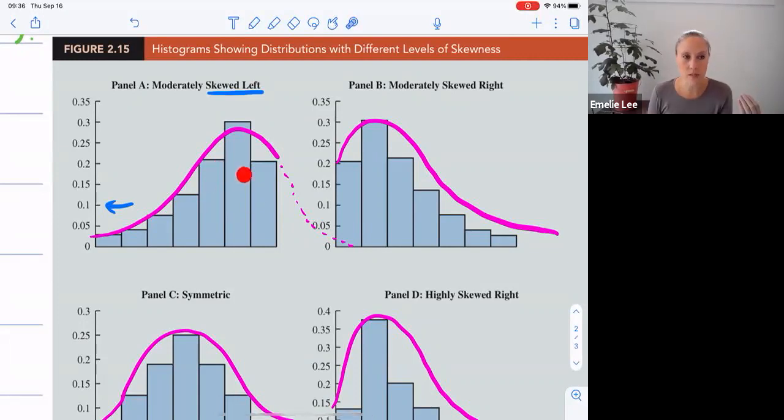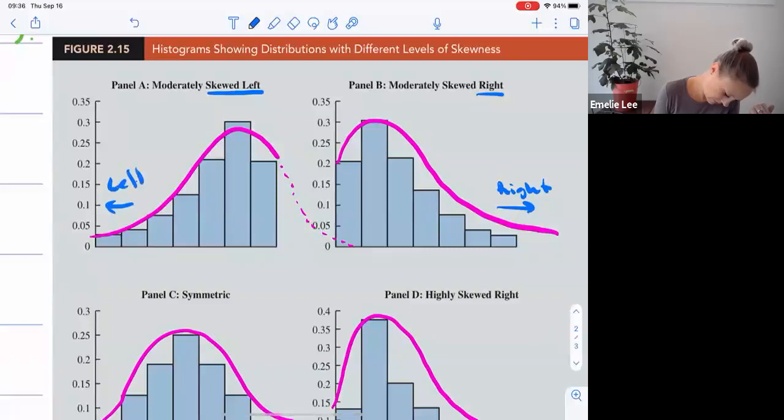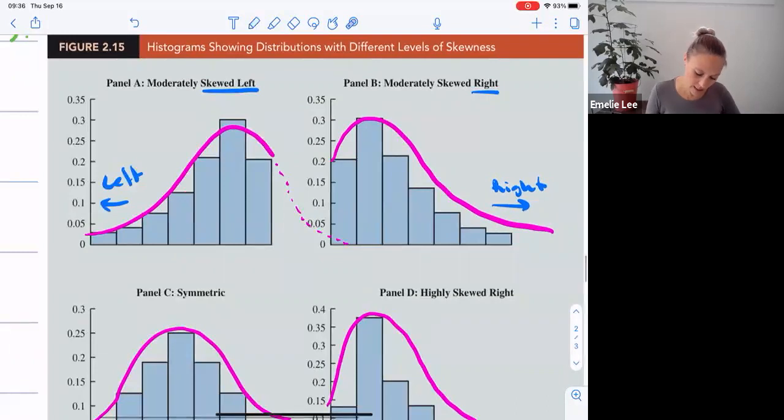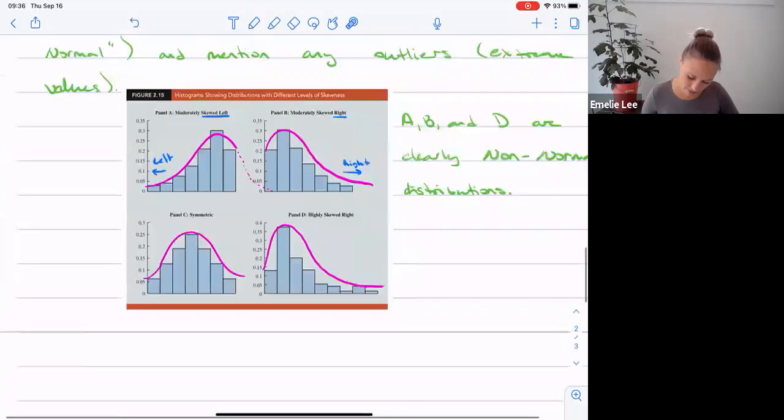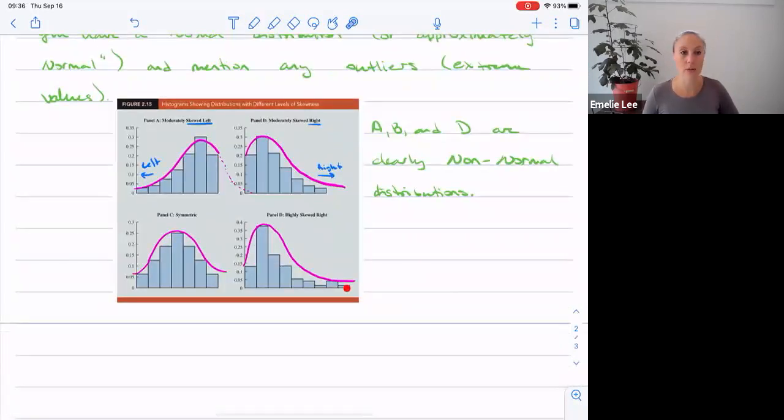So here, this is skewed right. And we can say things like moderately skewed or highly skewed, depending on what the shape looks like, and it really just boils down to how long that tail is, how long that tail is going to go on for.